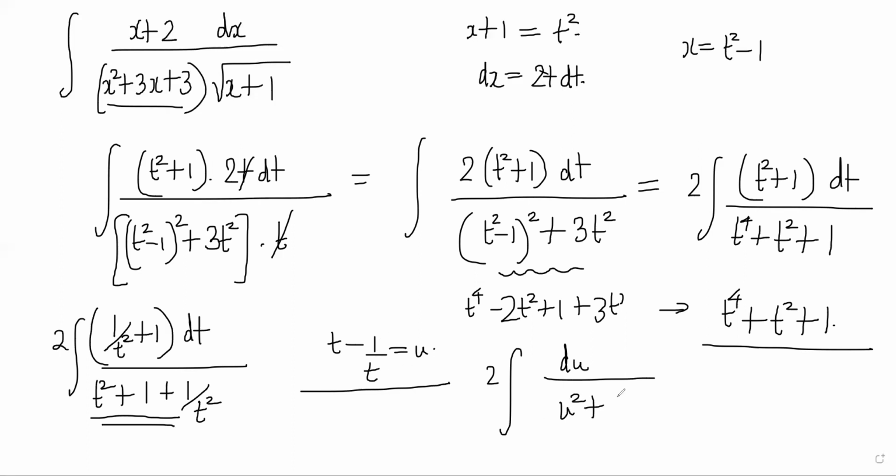This is u square plus 3, right? So the integral will be 2 by root 3 tan inverse u by root 3, something like this, right? And then you have to put back t and so on.